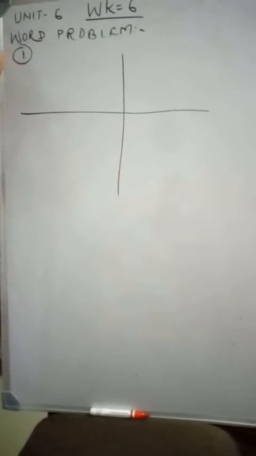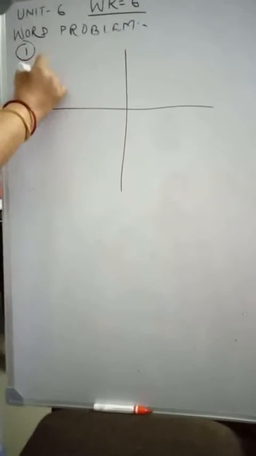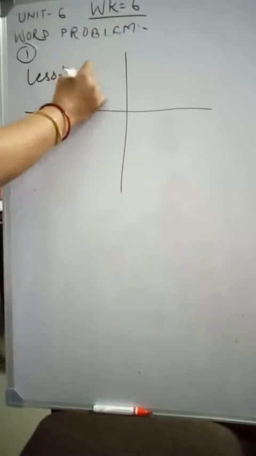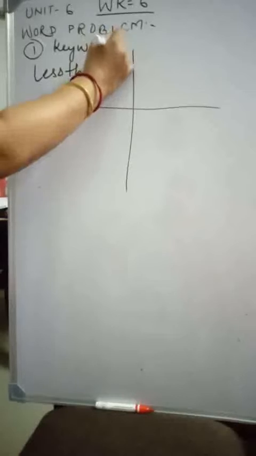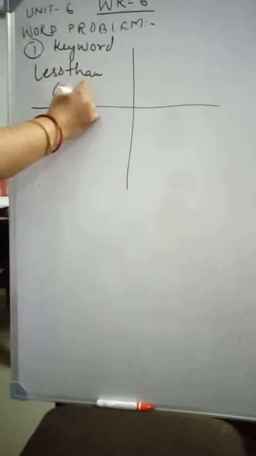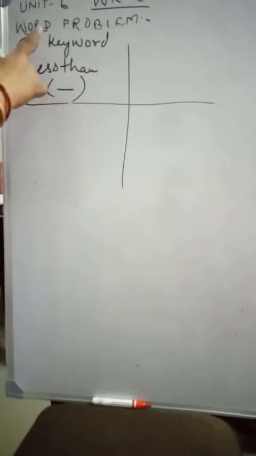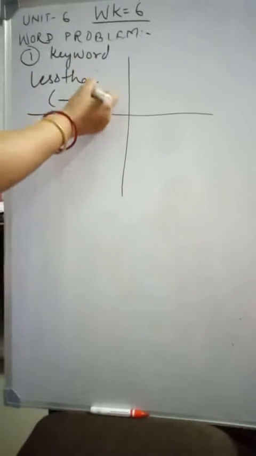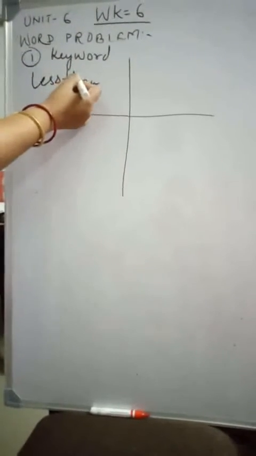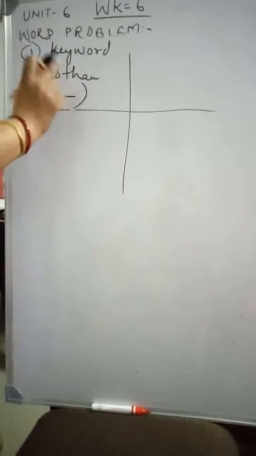His brother weighs 4.5 kilogram less than. This is the keyword. Less than means you have to understand that you have to do subtraction, because you have to find the weight of his brother. The weight of his brother is 4.5 kilogram less than Rahul. So here the punch line is less than.